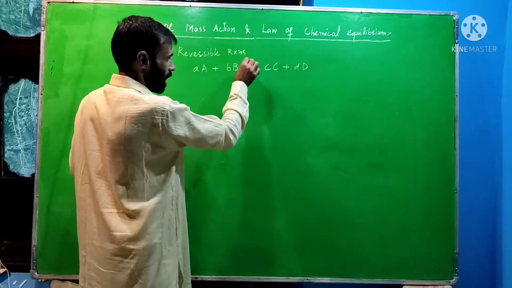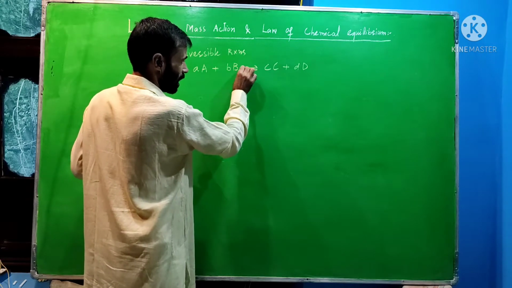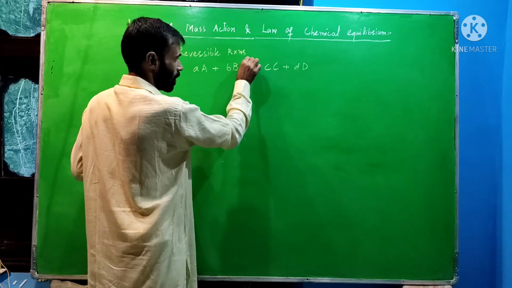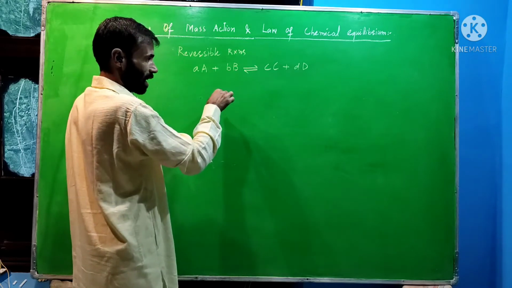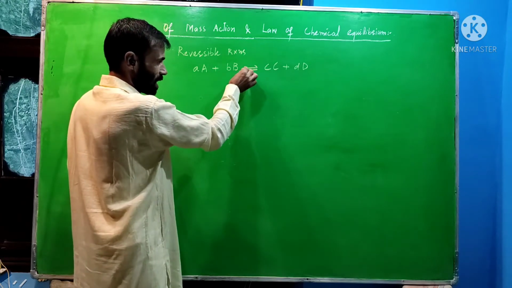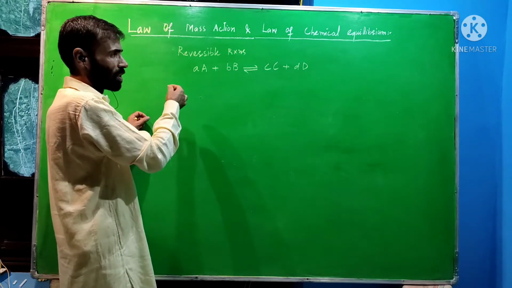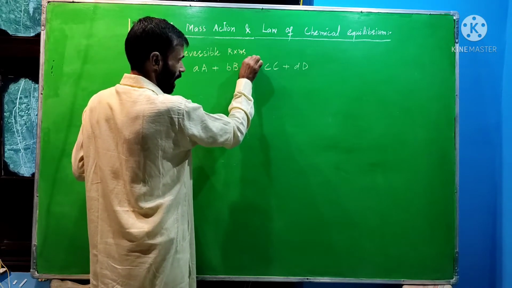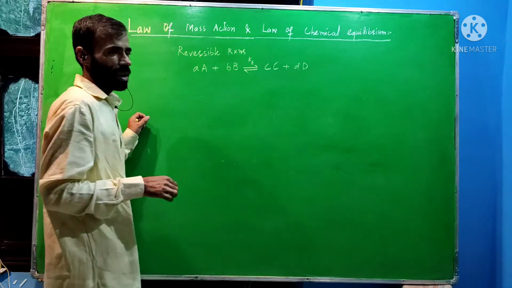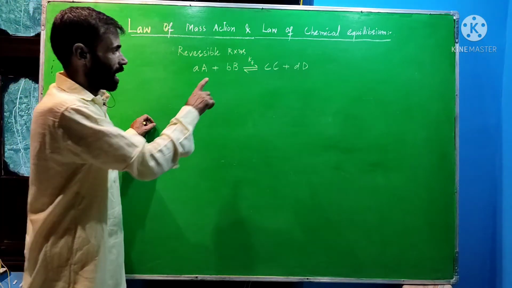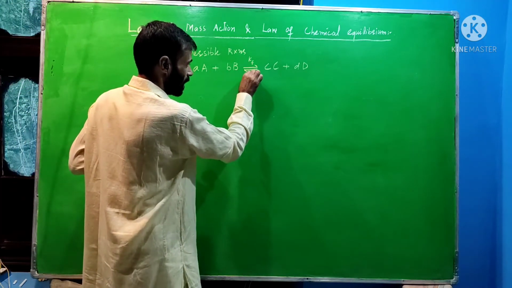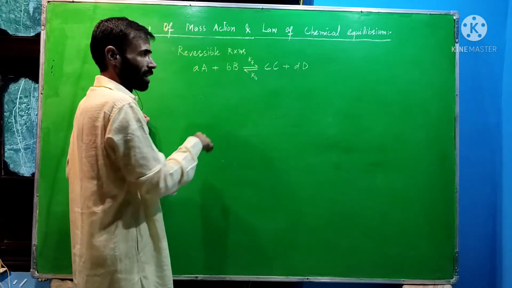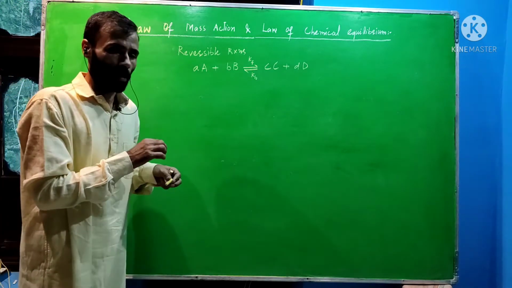We can say the rate of the reaction in the forward direction, we call that rate in forward direction, and this one rate in backward direction. Here I will write constants: Kf is the rate constant of the reaction in the forward direction, and Kb is the rate constant of this reaction in the backward direction.